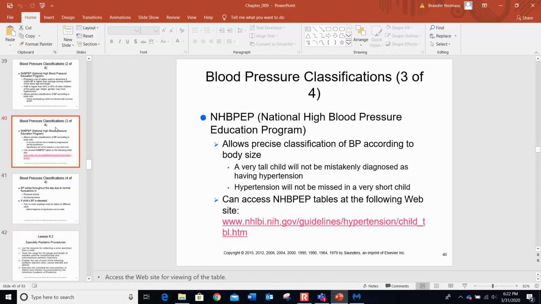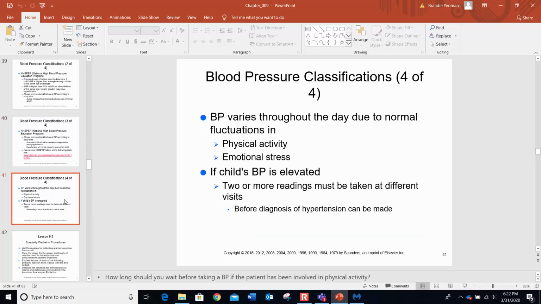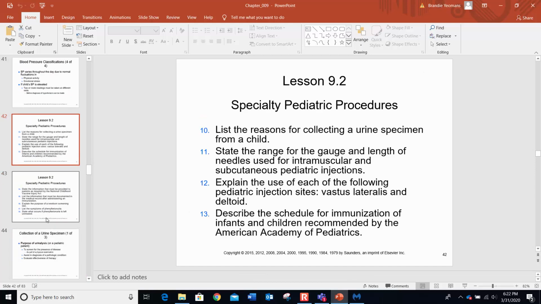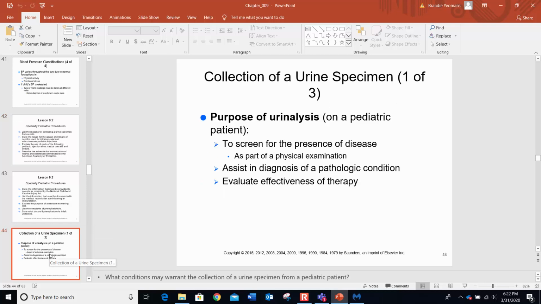And that's kind of scary to think about, but it can happen. So be very careful. Measure this appropriately, and we're going to give those results to the physician, okay? Notice that, just like with adult patients, physical activity and emotional stress are going to change their blood pressure, so just be careful, all right?